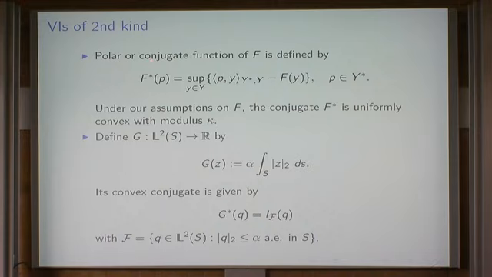I'm sure everybody knows, but I'm just quickly flashing it up to remind us. So the star here denotes this polar, and it's essentially an object which gives us information on the behavior of the slopes of the function f. So you take the supremum over all y in the primal space, so to speak, of this function here, where you have p, which is the variable of the conjugate or the dual, y star, minus the convex function f, and this is what you need to compute.